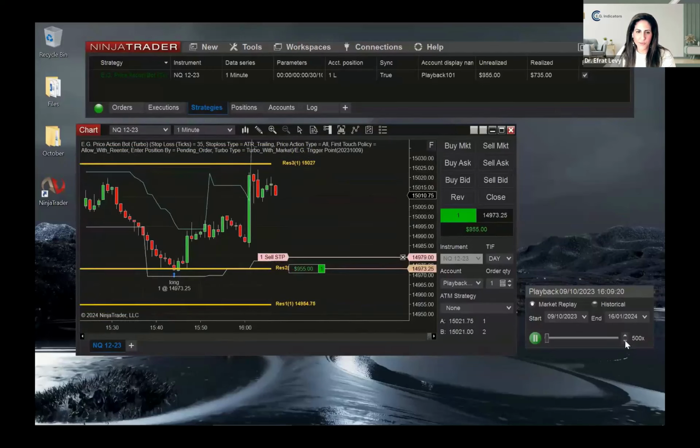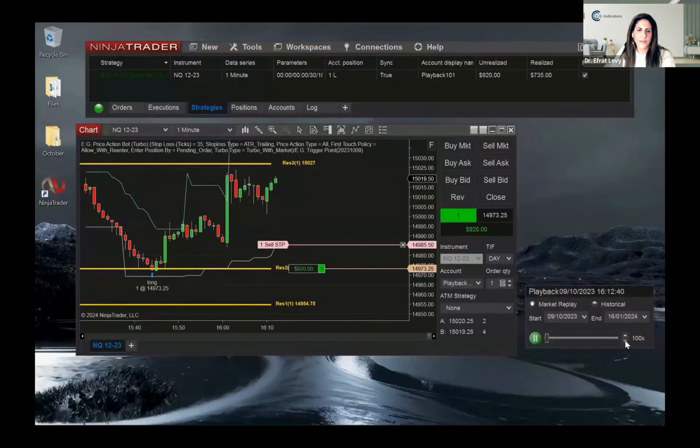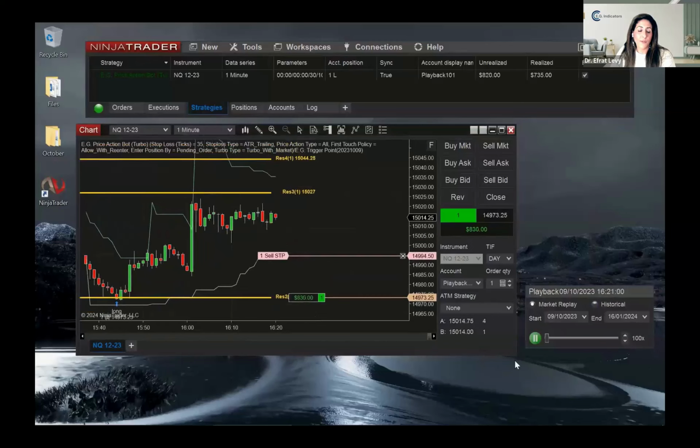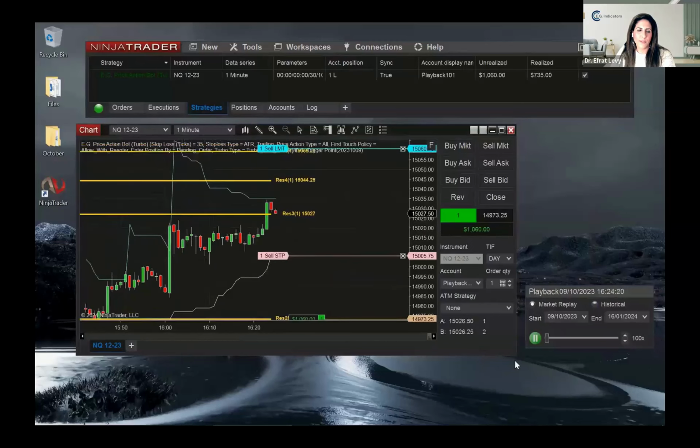And this is the first touch rule, remember, and the trailing follows the ATR.